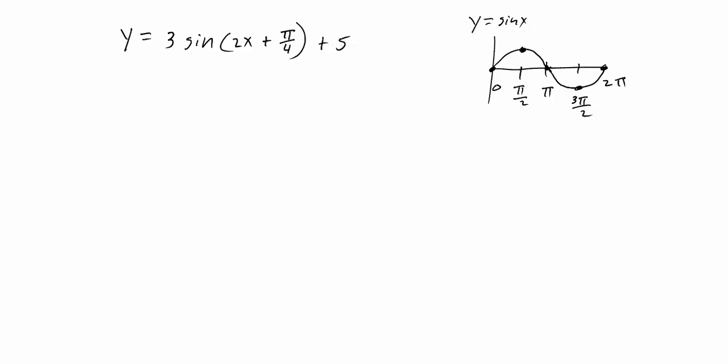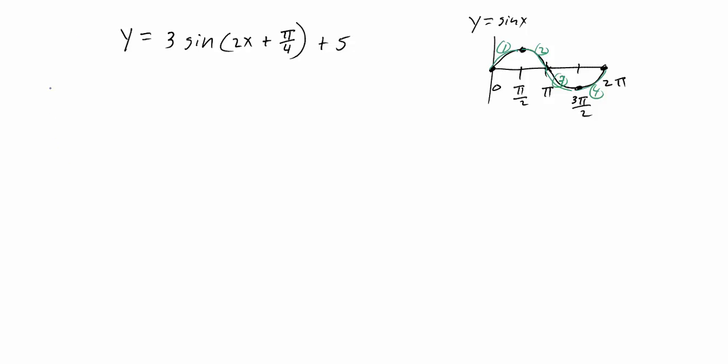I would mark off these steps: this would be one step between the key points, this a second step, this your third step, and here our fourth step. So it's 1, 2, 3, 4. I want to think about those steps and see how we can come up with the graph for 3 sine 2x plus pi over 4 plus 5.